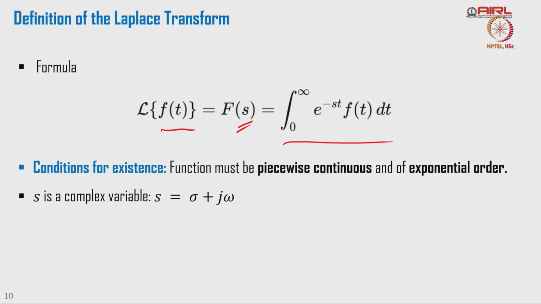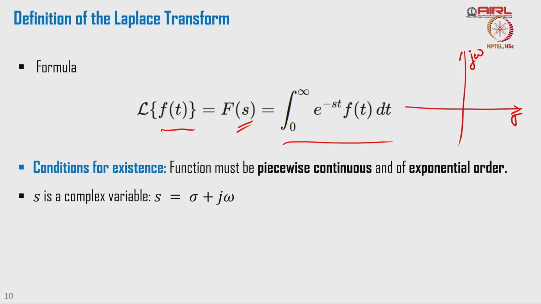Right now, when it's a time domain signal and we convert it into a frequency domain, then we see that this S has two components. One is sigma, another is omega. This omega is an imaginary part, so it comes with the j omega term, and sigma is the real part.